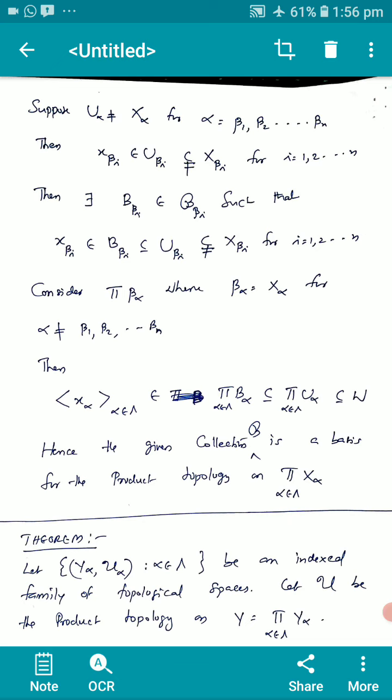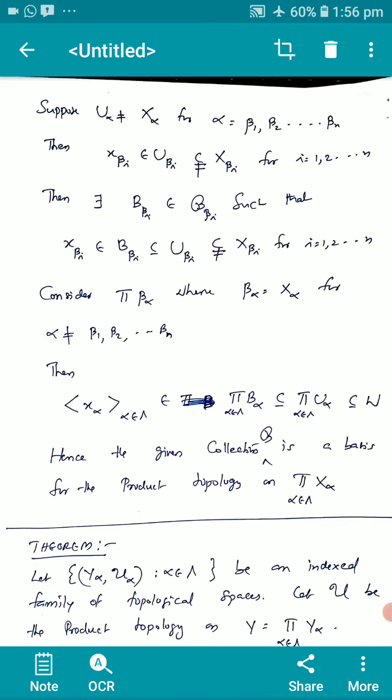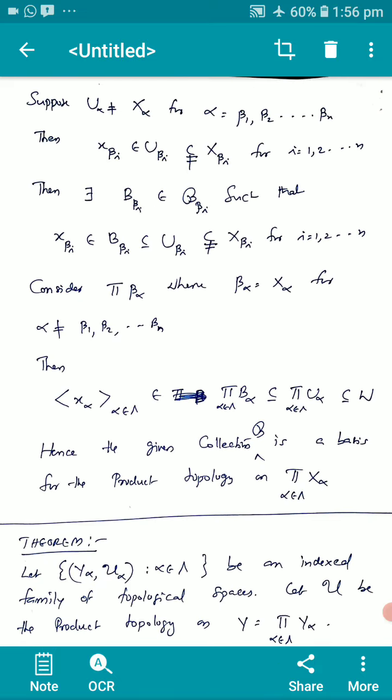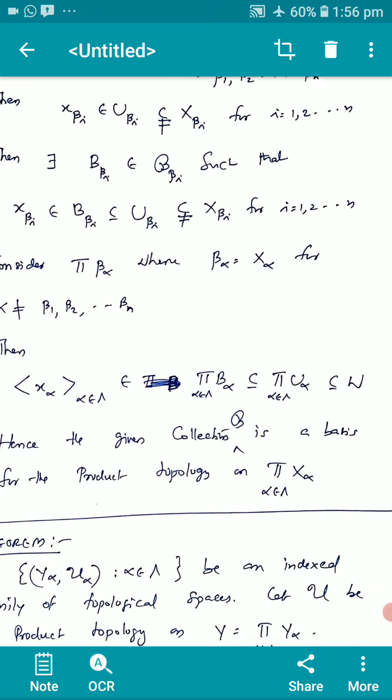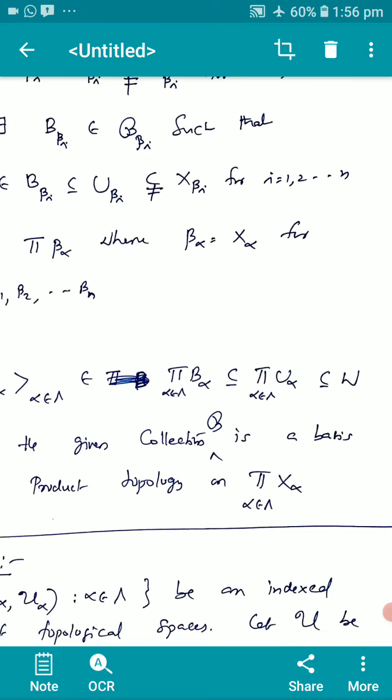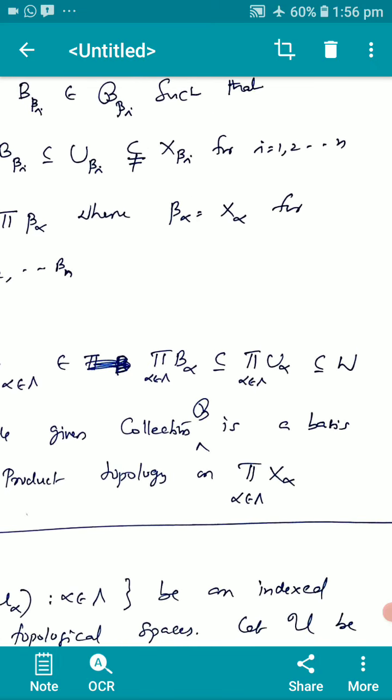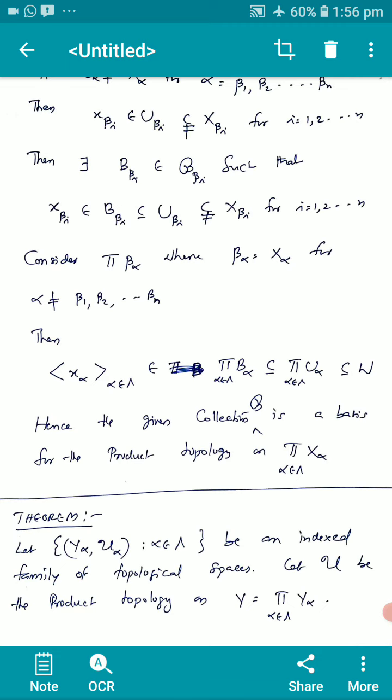This we are reaching at the basis definition. Consider the product of B_alpha, where B_alpha equals X_alpha for alpha not equal to beta_1, beta_2, ..., beta_n. Then x is an element of the product of B_alpha, which is a subset of or equal to the product of U_alpha, which is a subset of or equal to W. That is the definition of a basis.